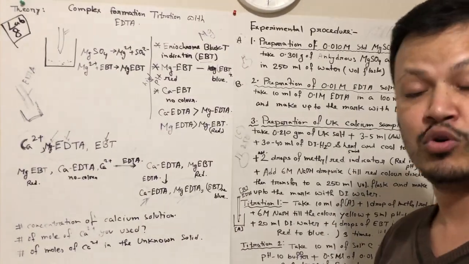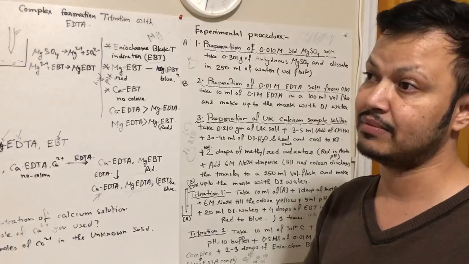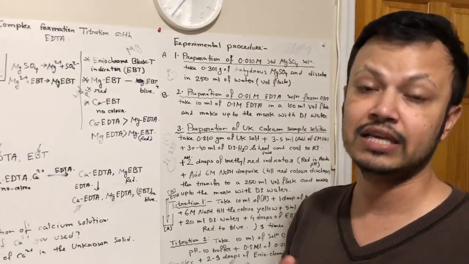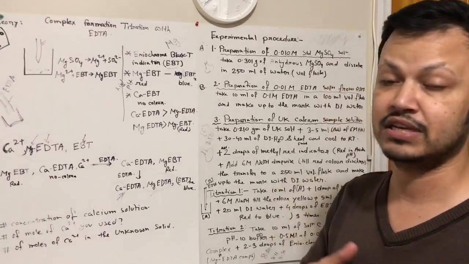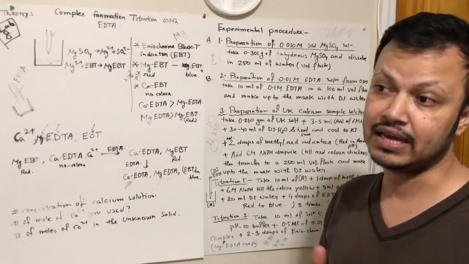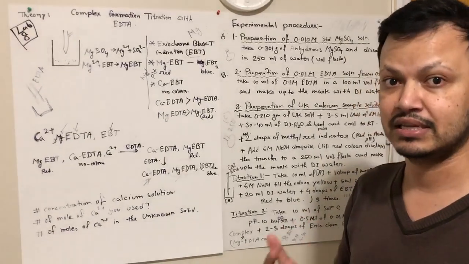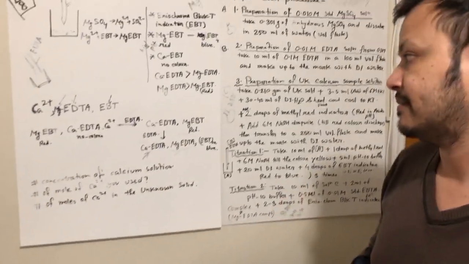I believe you know what an indicator is. An indicator is a chemical substance which can give a change of color or change of physical state, which indicates the equivalence point by changing its appearance, color or something else.